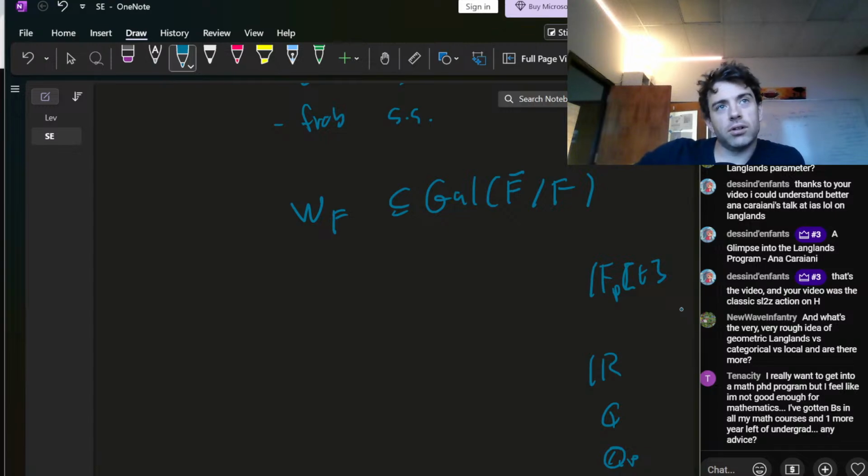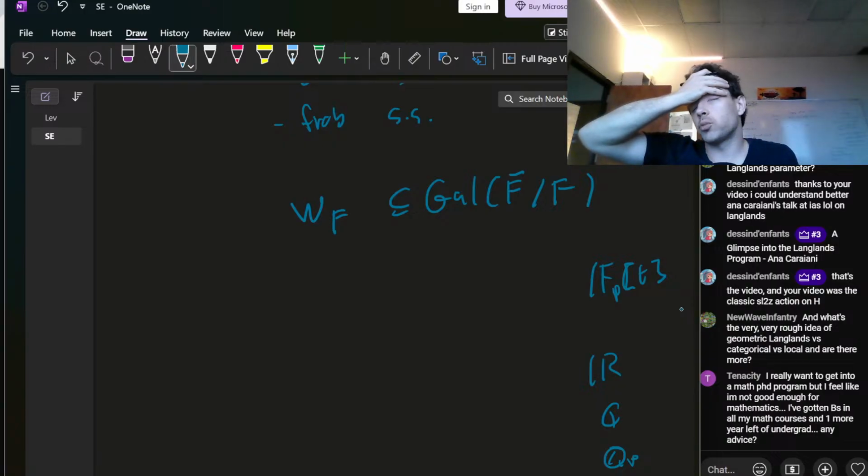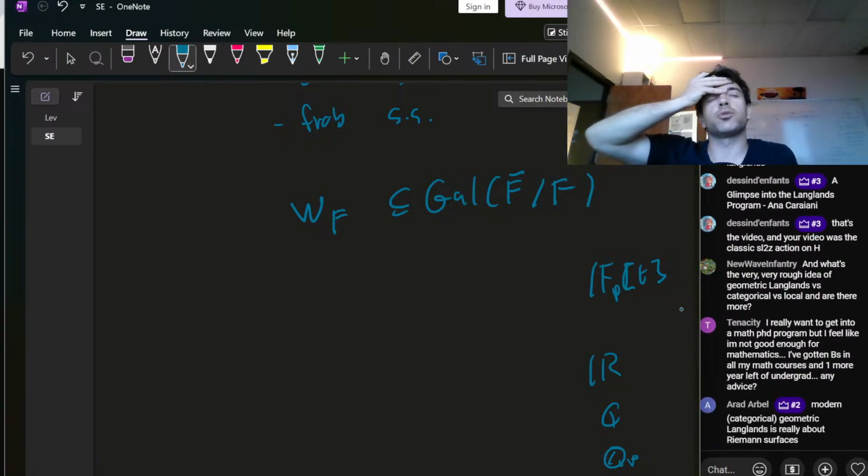I mean, and each one of these, people are trying to categorify, in the sense that the original Langlands correspondence is basically just this bijection that's expected to satisfy a whole bunch of nice properties, right?